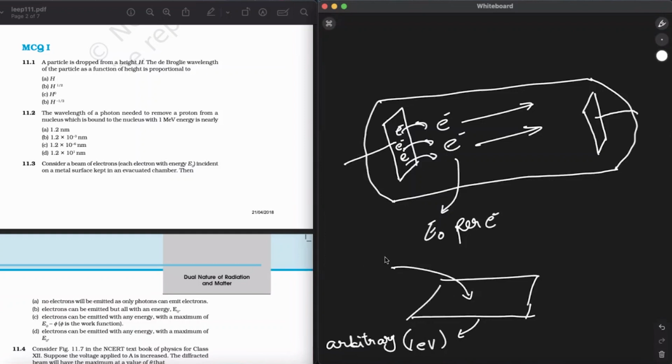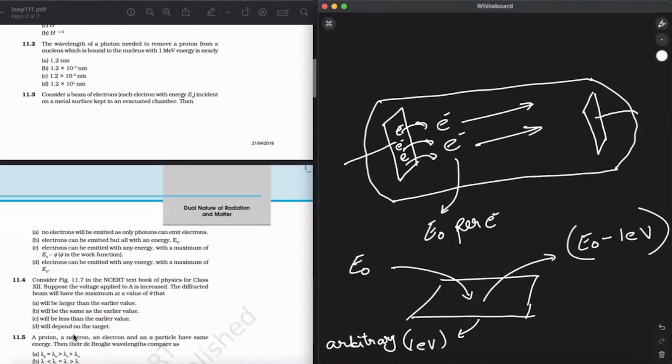If I put an incident electron over it with an energy of E naught, then the electron emitted from here will have a maximum of E naught minus 1, because 1 electron volt has been used up in getting this electron free from the metal surface. The rest of the energy may be transmitted, because collisions happen, so energy is decreased, but we can say the maximum will be this value. So this is the concept, and the correct option is option D.